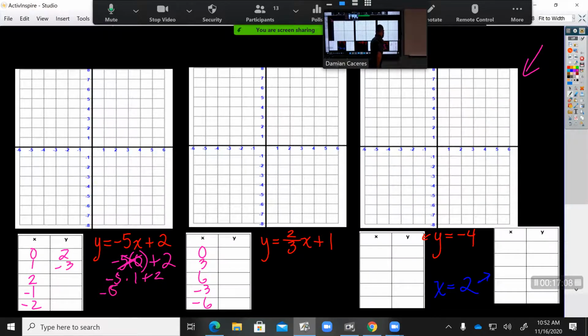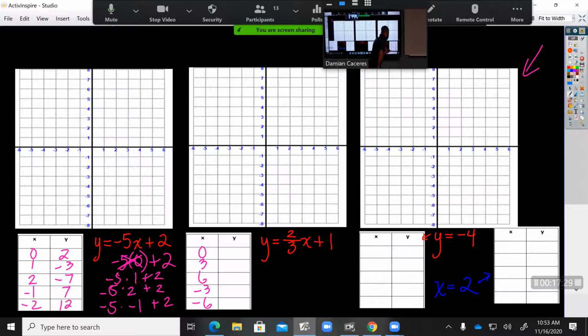Now we go -5 times 2 plus 2 would be -7. Now we have -5 times -1 plus 2, which is +7. And then -5 times -2 is +10.